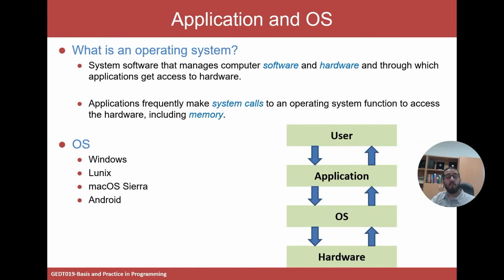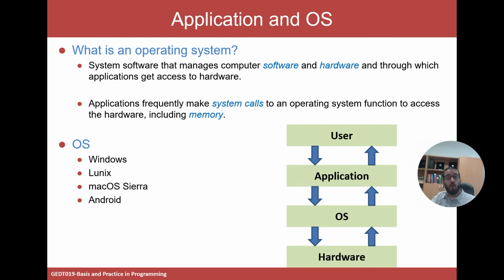Exactly the same, operating system is a management software which allows the applications to use the hardware of your computer, to use the computer CPU, or the computer memory, or the computer keyboard, or the computer mouse.